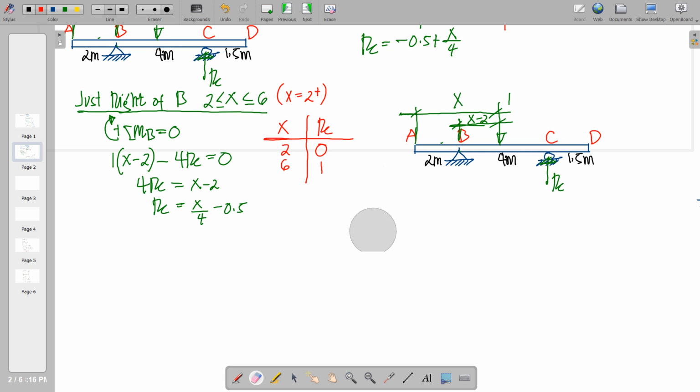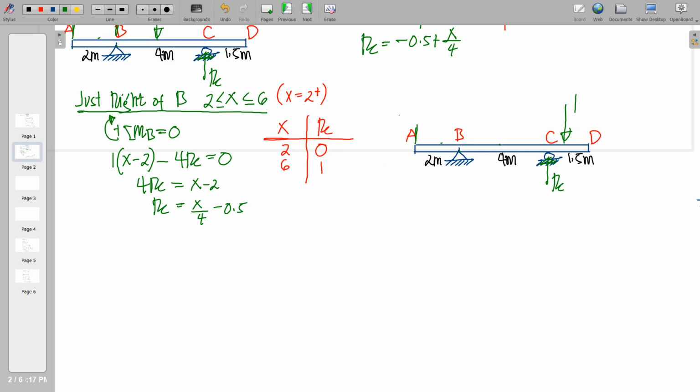So this time, your unit load is now on CD. Say this is our x. And then again, we take moments at B. Summation of moments at B is equal to 0.